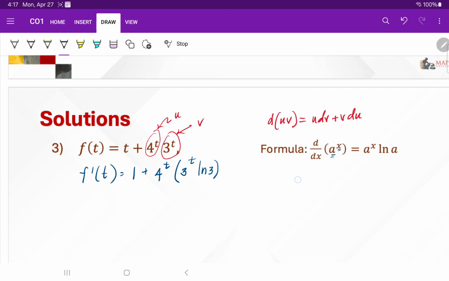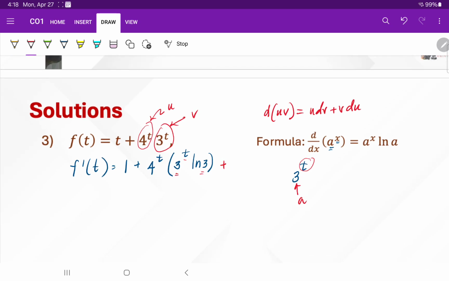Again, in 3 to the t, this is your a, and this is the variable that you use. So for a to the t, the derivative is a to the t ln of a, ln of 3.